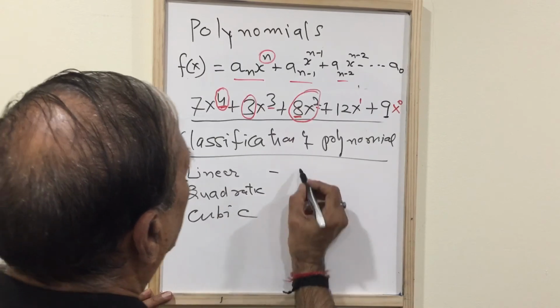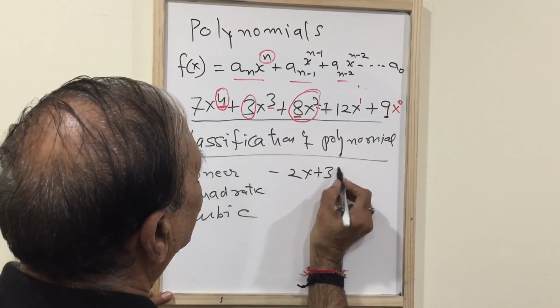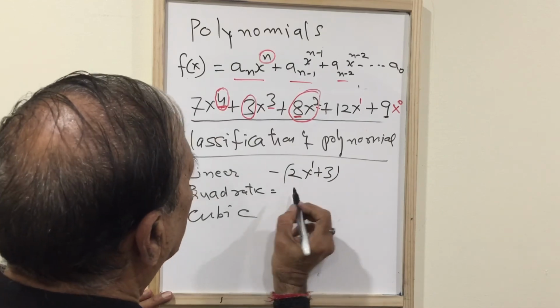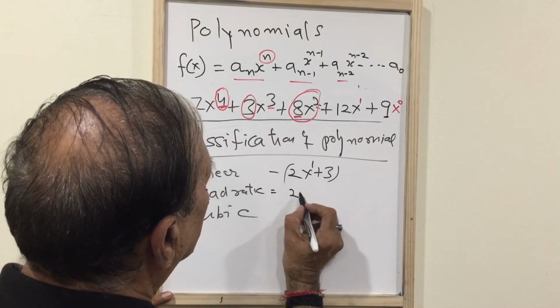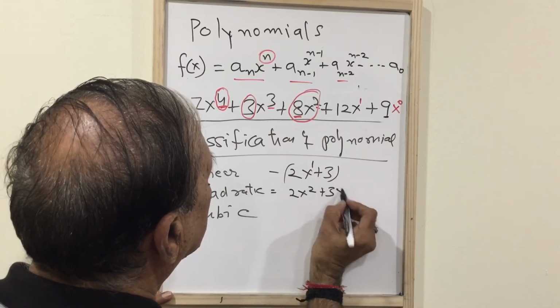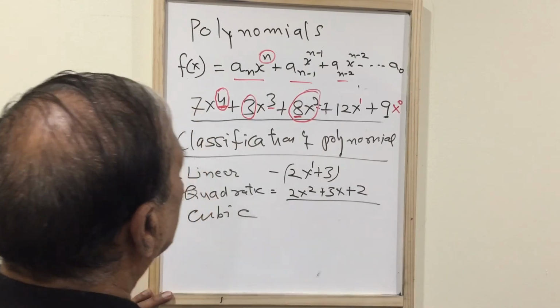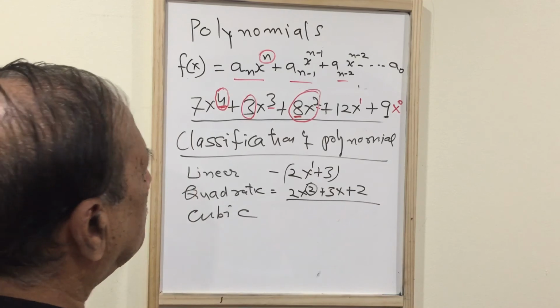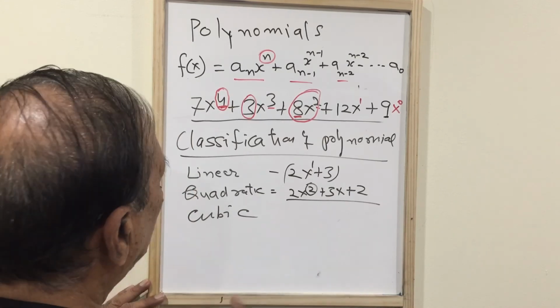In linear, 2x plus 3, x has got power only 1. In quadratic, 2x square plus 3x plus 2, the maximum power is 2, so the degree of the polynomial is 2 here.